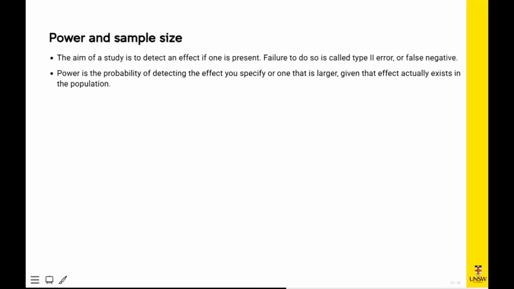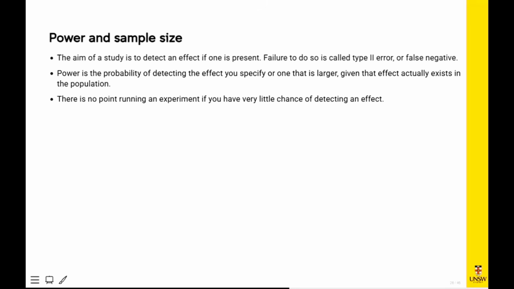So when you maximize power, you minimize that false negative type 2 error. And it is the probability of detecting the effect you specify, or one that is larger, given that that effect actually exists in the population that you can't observe.